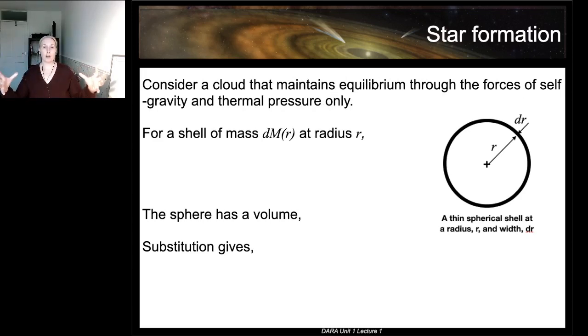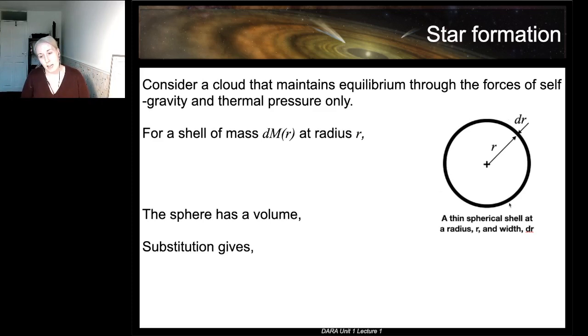We have the force of gravity that's acting inwards, holding the material in the cloud together, and we have the force due to pressure, which is acting outwards and trying to push the cloud apart. That's what we call the thermal pressure force. So this cloud is sitting in a balance. The inwards force due to gravity is balanced by the outwards force due to thermal pressure.